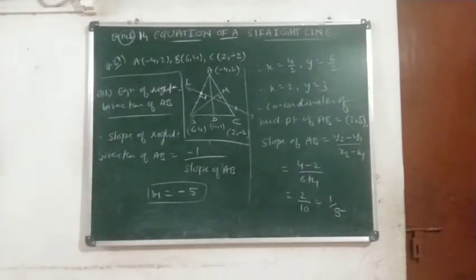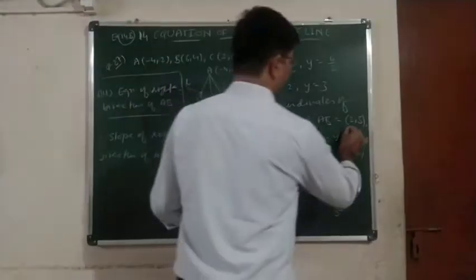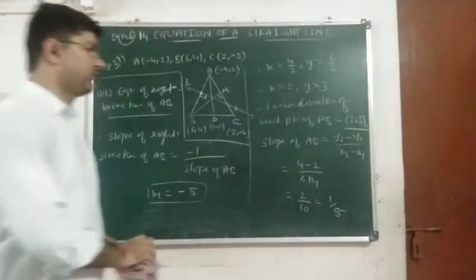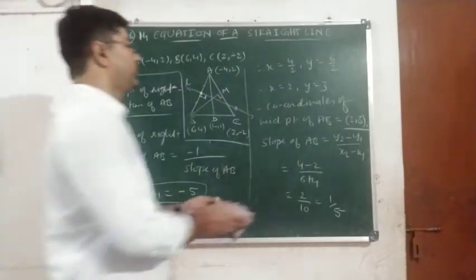We will denote this slope by m in the third case. And now we have got both the point through which the right bisector of AB is passing and the slope. So we can now use the point slope formula.